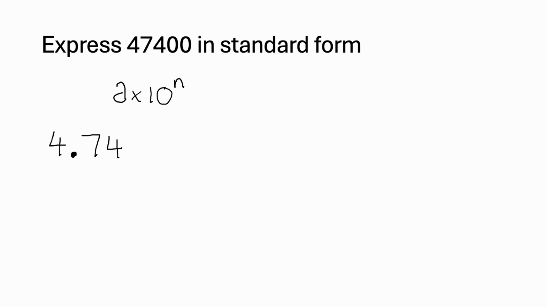So to know what our n is going to be, we need to work out how many times we have to move this decimal place to the right. To get from 4.74, and I'm going to put the 2 zeros here at the end, to 47,400, we're going to move it 1, 2, 3, 4, 4 times to the right.